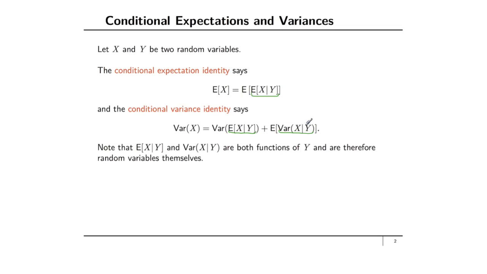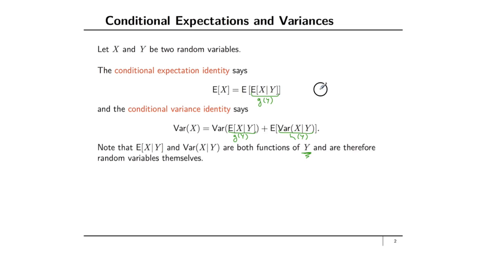One thing I want to emphasize here is that the expected value of x given y and the variance of x given y are both functions of y and are therefore random variables themselves. So for example, I could write the expected value of x given y as g of y, and the variance of x given y as h of y. So g of y and h of y are random variables.